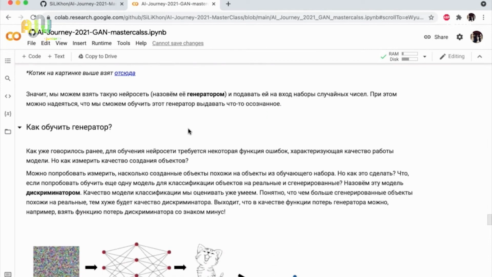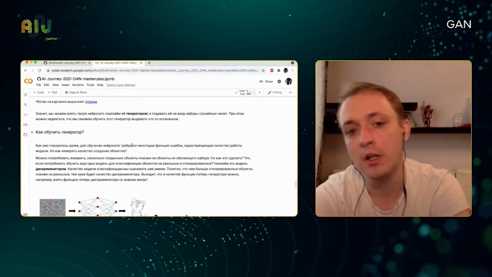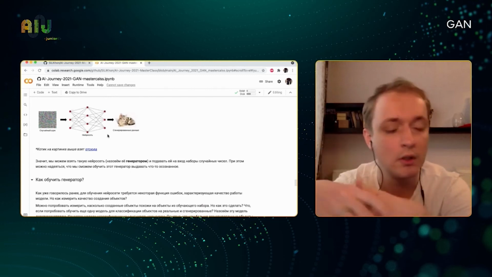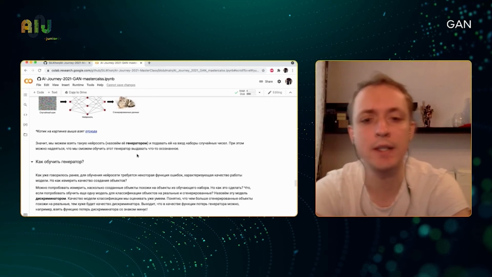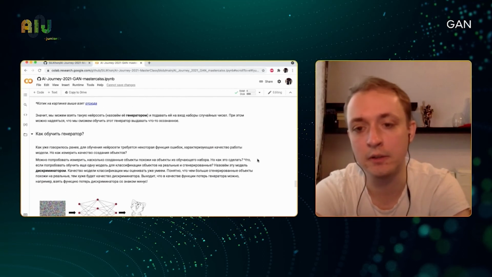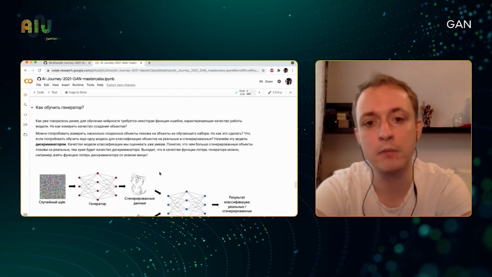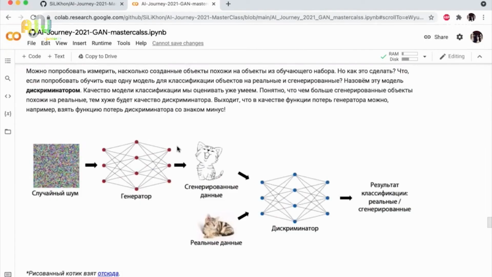So the question is, what is the loss function? Which means that we need to evaluate the output of the model, whether it's close to the images that we have. And GANs use a great idea for it. They say, let's add another classifier.